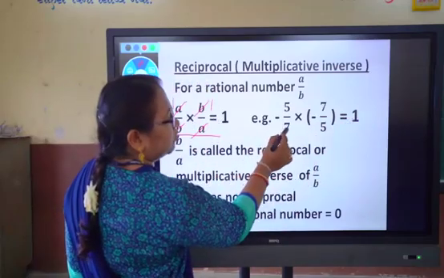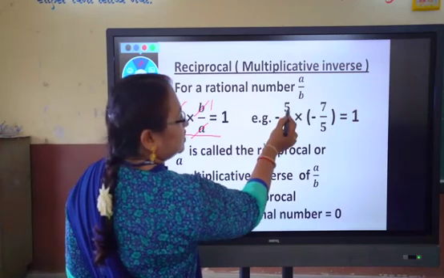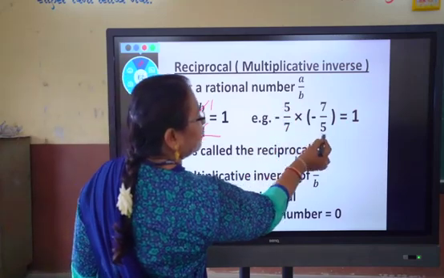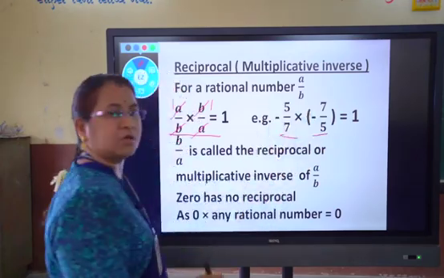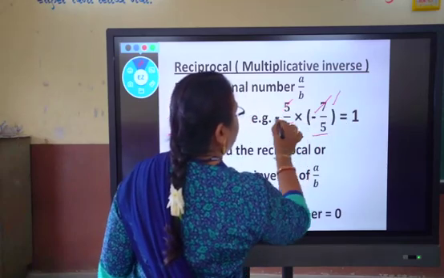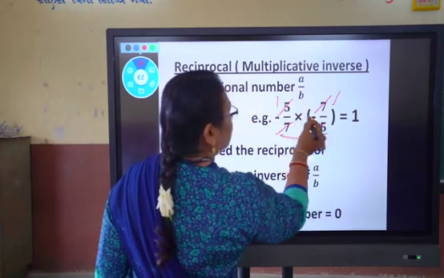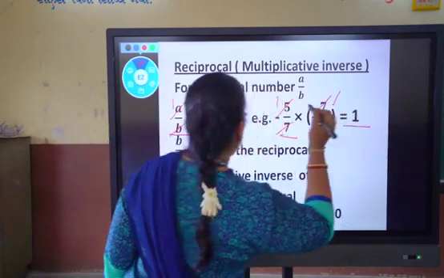But we have to reverse the numerator and the denominator. That means here 5 was the numerator, now 5 will become the denominator, and 7 was the denominator and it will become the numerator. Then 7 ones are 7 and 5 ones are 5, and minus multiplied by minus becomes plus 1. So our answer becomes 1.